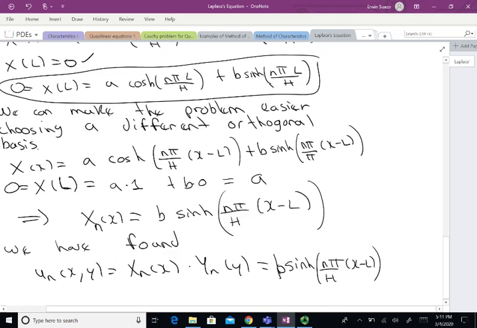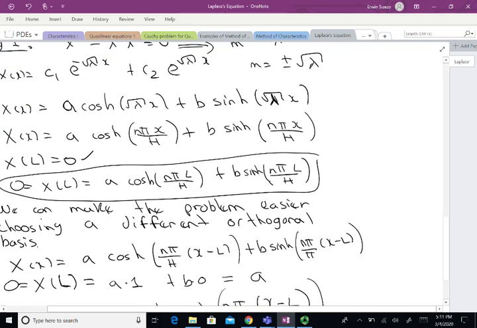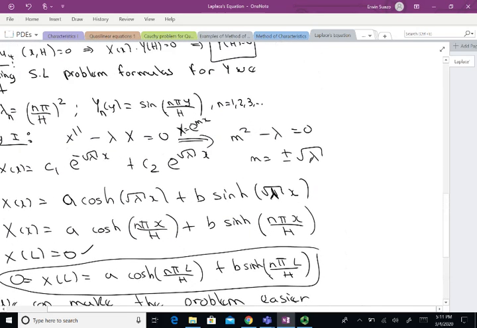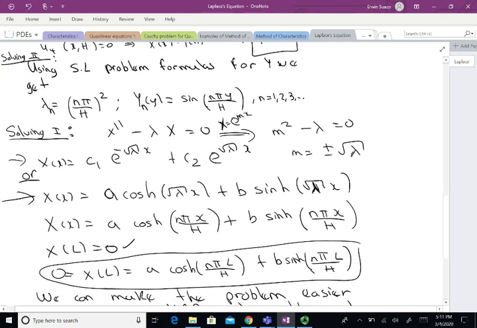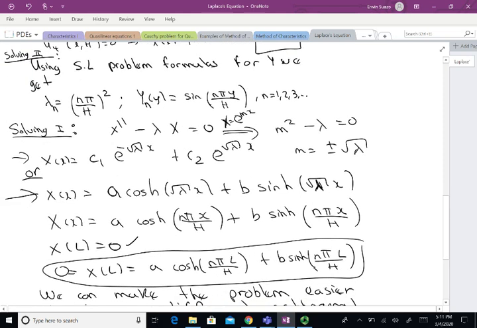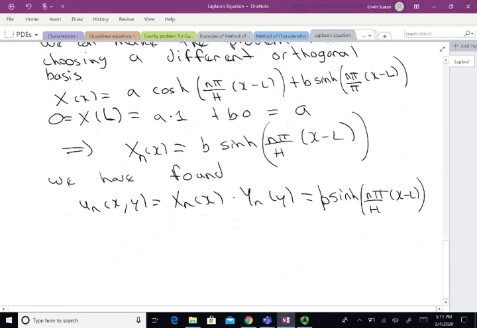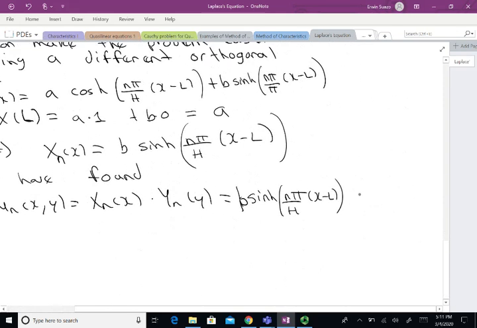Then it times Y_n of y. Y_n of y is sine of n pi y divided by h.